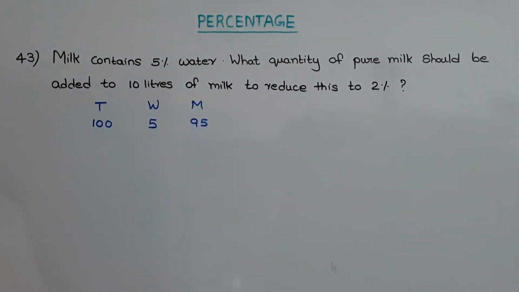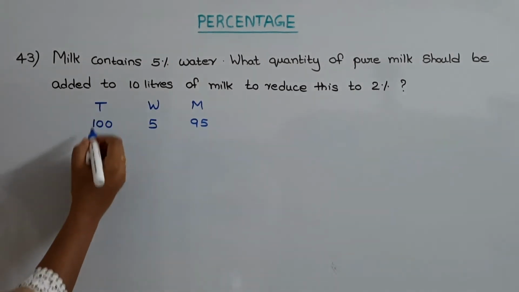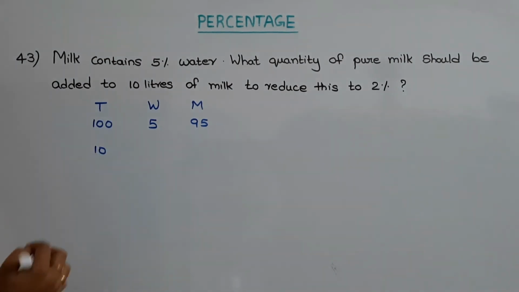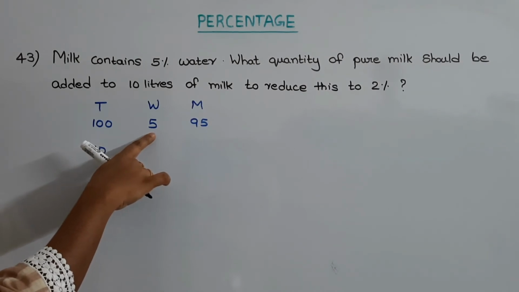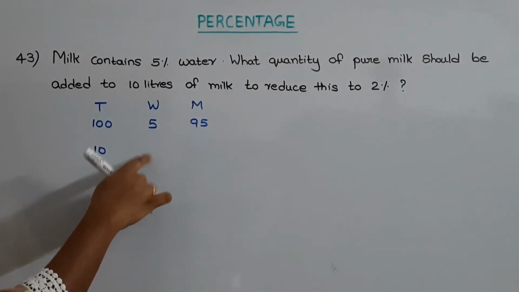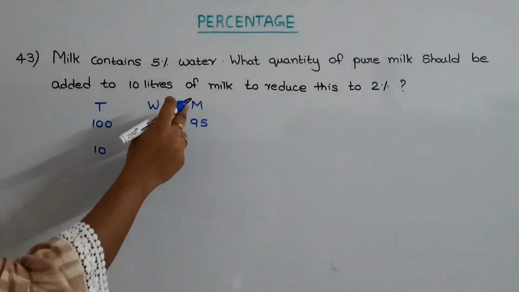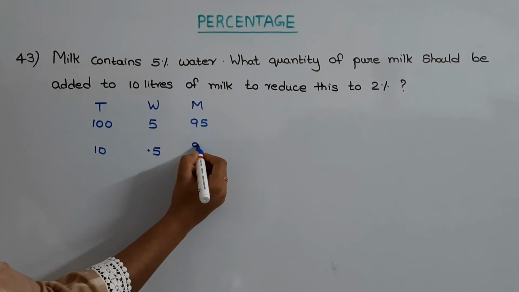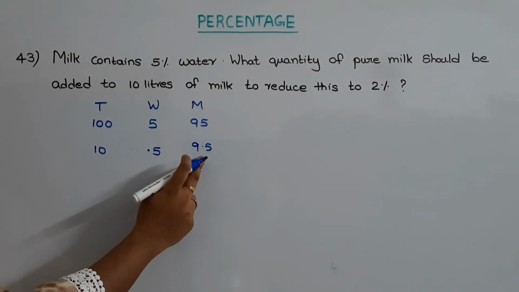In the question, the total quantity of the mixture is given as 10 liters. When the total quantity was 100, the quantity of water is 5. Now when the total quantity is 10, the quantity of water will be 0.5. And the quantity of milk will be equal to 9.5. Now they are telling that some quantity of pure milk is added to this mixture.